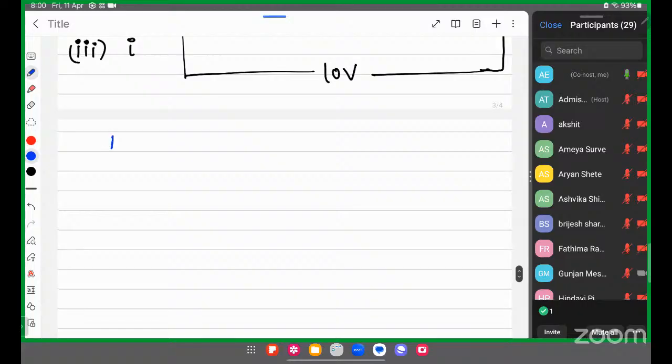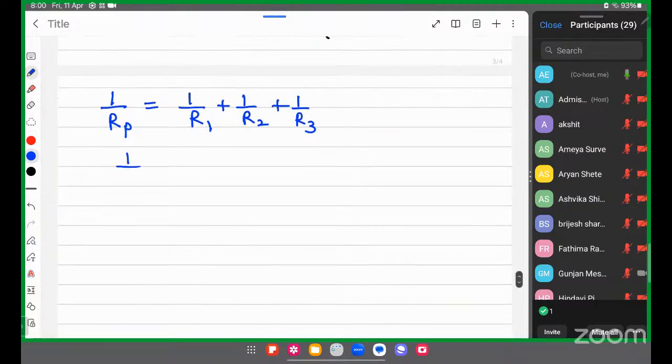And in parallel combination, we can calculate R equivalent using 1 upon Rp is 1 upon R1 plus 1 upon R2 plus 1 upon R3. So 1 upon Rp will be 1 by 3 plus 1 by 3 plus 1 by 3.